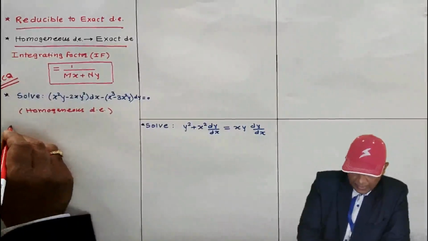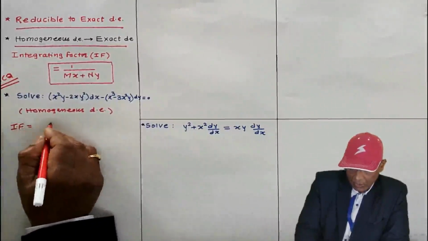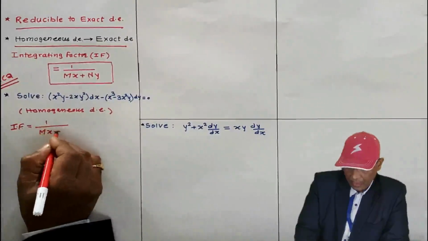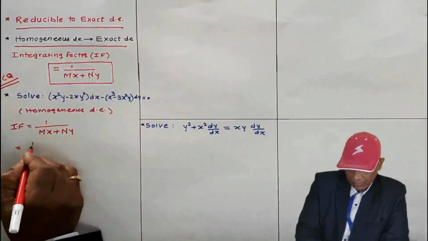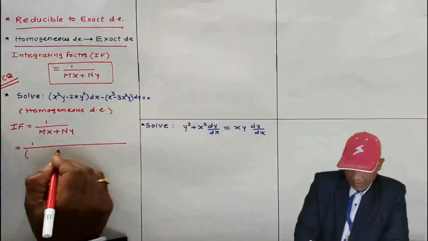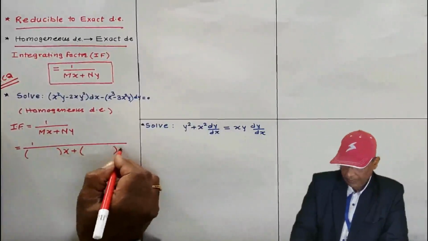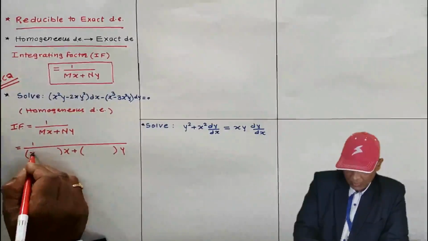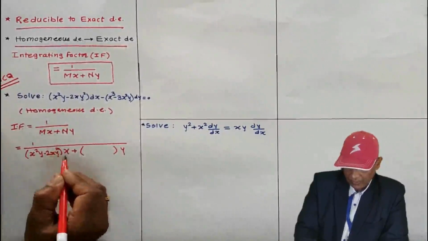Now, the integrating factor is 1 by Mx plus Ny, and M is the coefficient of dx, x square y minus 2xy square.